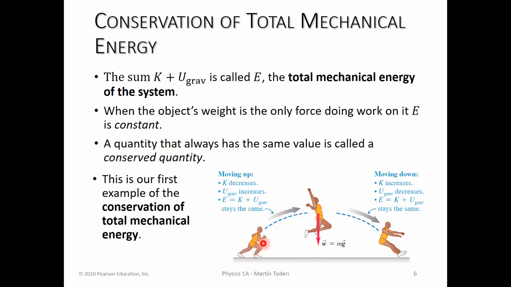When the person is jumping, the kinetic energy is decreasing, right? The person has an initial velocity which is decreasing in modulus, because at some point it will need to reach a maximum height and it will stop going up. So it's slowing down as it goes up, right?